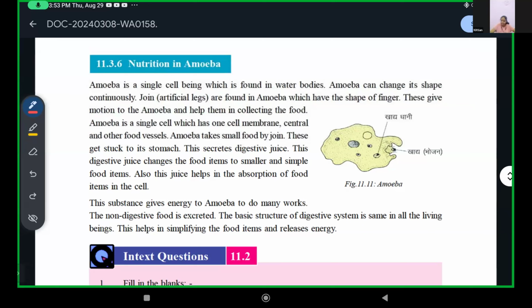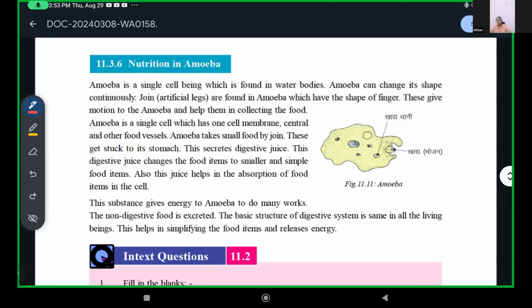Amoeba is a single cell being, which means unicellular, which is found in water bodies. Amoeba can change its shape continuously. Jointed artificial legs are found in amoeba, which have the shape of fingers. These give motion to the amoeba and help them in collecting food.